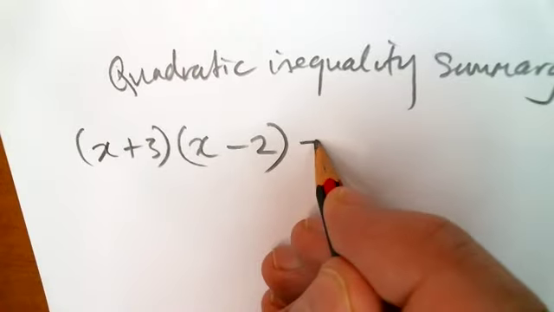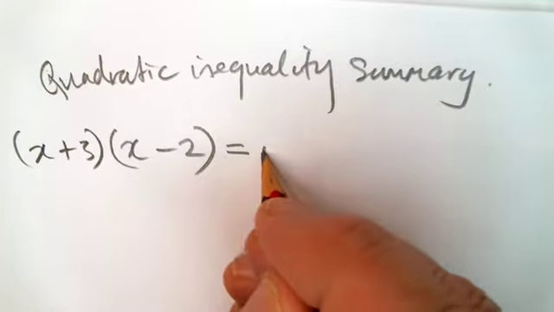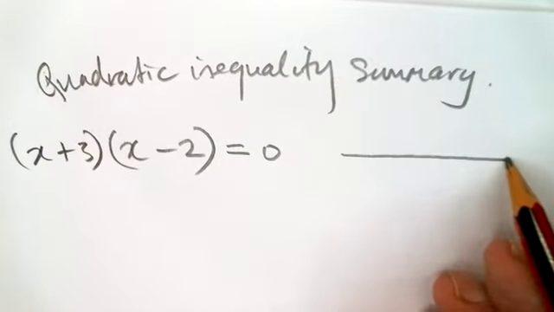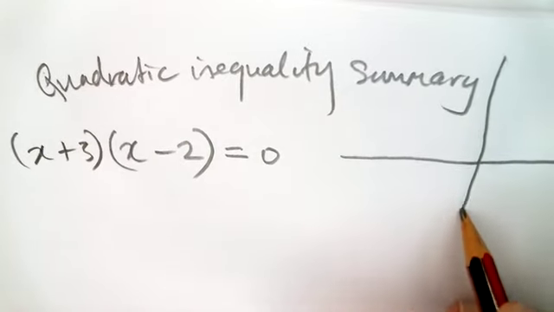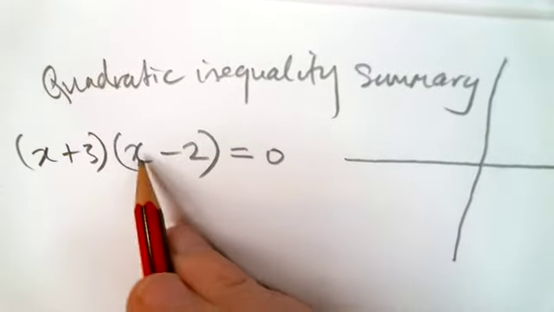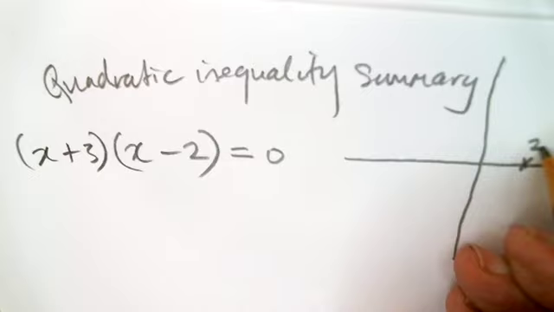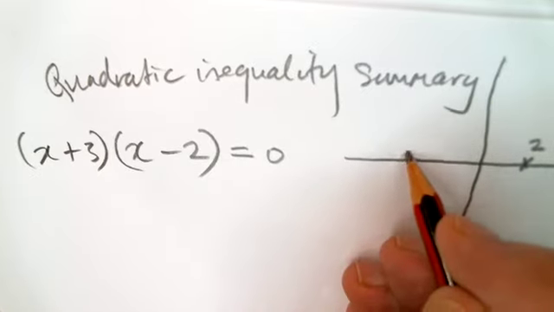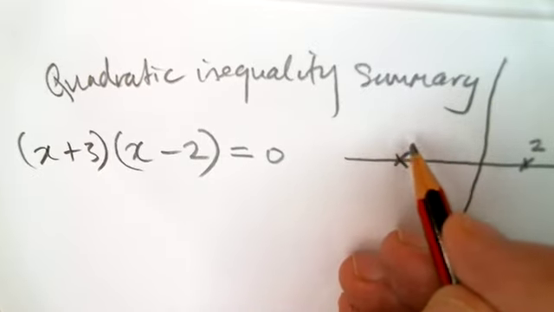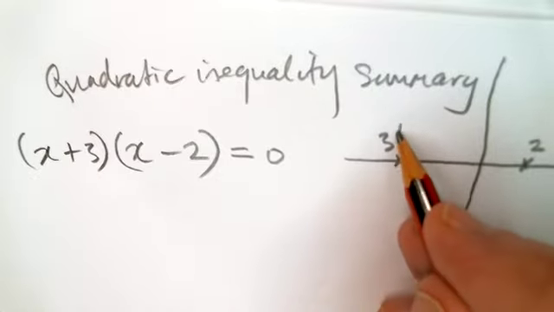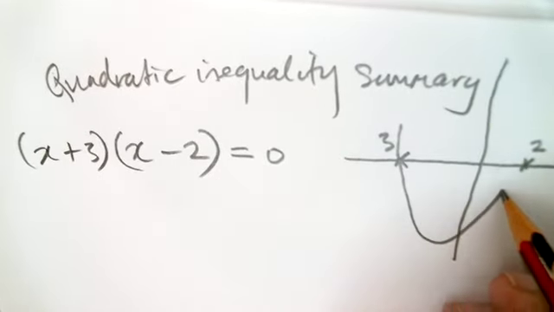If it was equal to 0 and we were to draw our parabola, it would look something like this. We know that x would have to be a positive 2, and that would be my 2 here. And x would have to be negative 3. That's my negative 3 here. And of course, we could draw the parabola going through those 2 points.